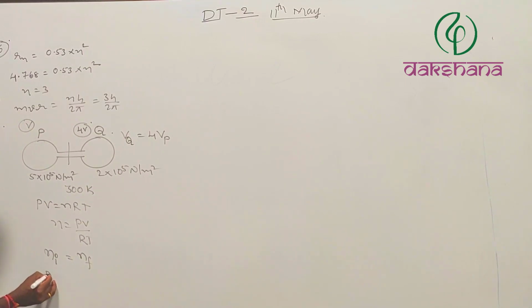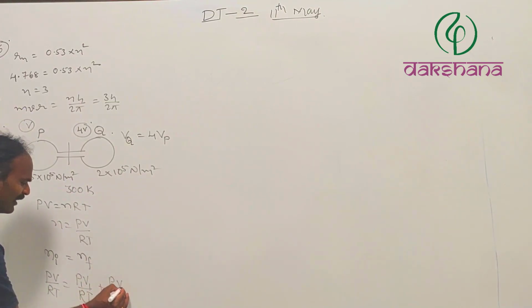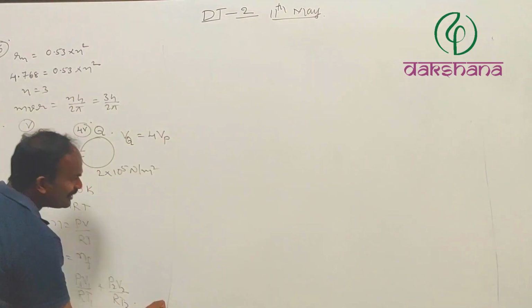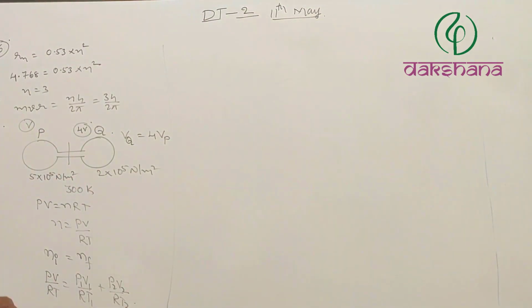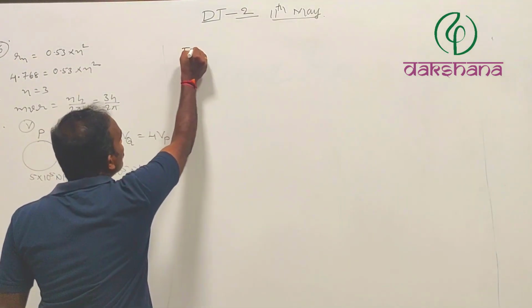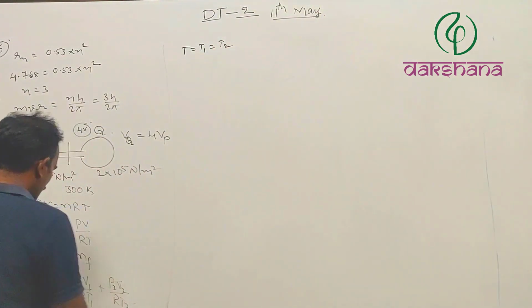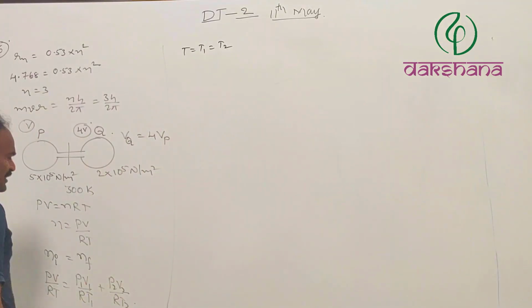Initial number of moles, PV divided by RT, is equal to P1V1 divided by RT1 plus P2V2 divided by RT2. Given that all the temperatures are equal, T is equal to T1 is equal to T2, such that RT, RT1, RT2 get cancelled.